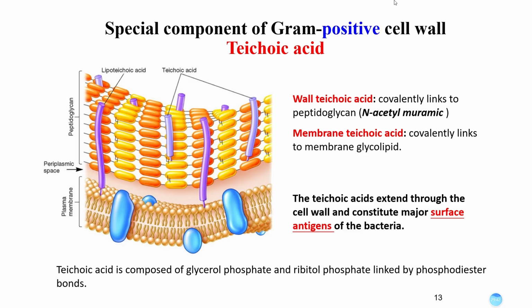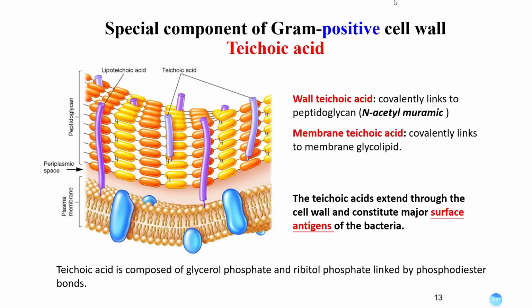And the structure of the teichoic acid, like its charge and its modification, is very important for bacterial antimicrobial resistance. And luckily, in the last couple of years, I had one master student.